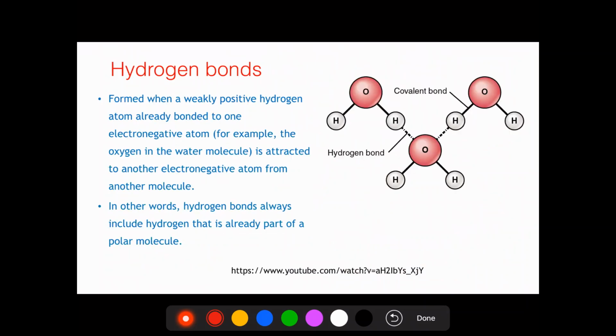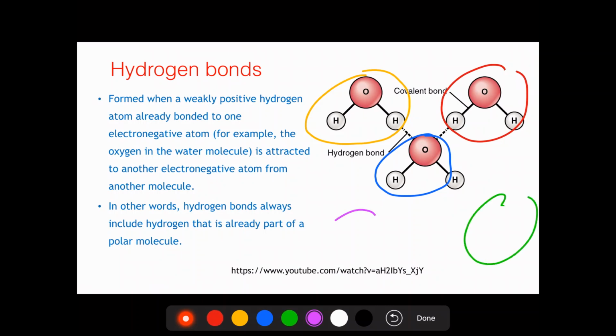Okay, this means that in a cup of water where we have many water molecules, this is 1, this is 2, and this is 3, and of course there will be another one here, and so on. So here we will have the oxygen, hydrogen, and hydrogen. Here we will have oxygen, hydrogen, and hydrogen.